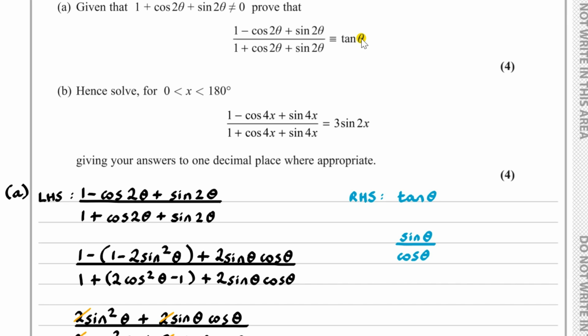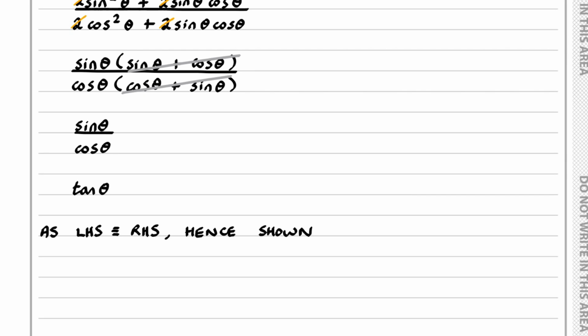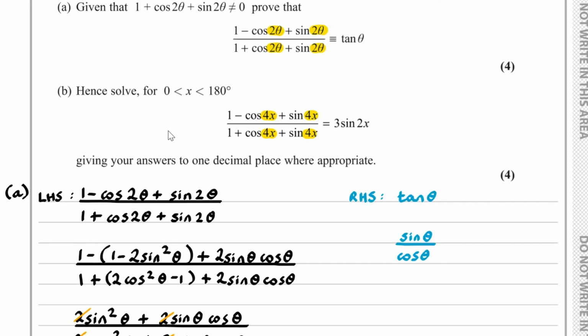Hopefully what you can recognise is 2 theta is equal to 4x, so theta equals 2x. Now, if we use the result from part A, this result over here will equal tan 2x.